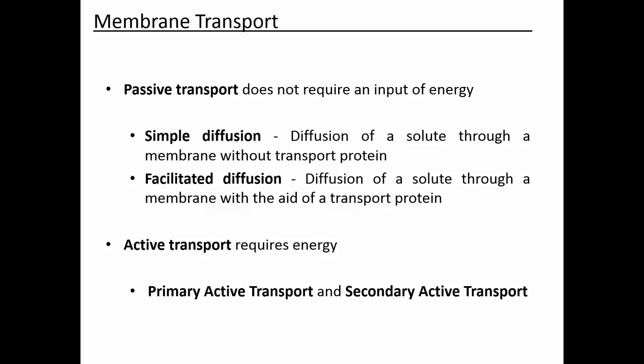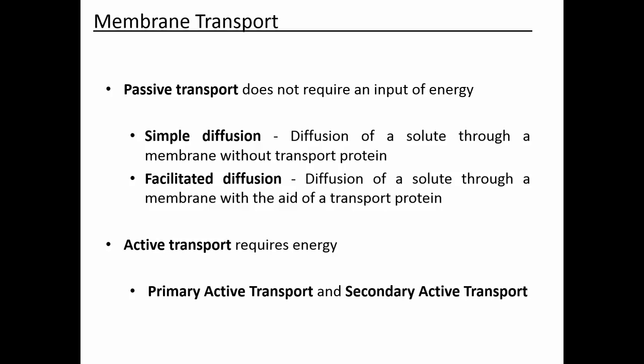And then when we talk about active transport, both primary active transport and secondary active transport require energy. And then what's going to be the difference between the two is that active transport, like facilitated diffusion, requires a membrane protein. So a membrane protein will be involved in primary active transport and secondary active transport. But in active transport, the membrane protein is going to require a source of energy. So something needs to power the protein so that it can move something against its concentration gradient.